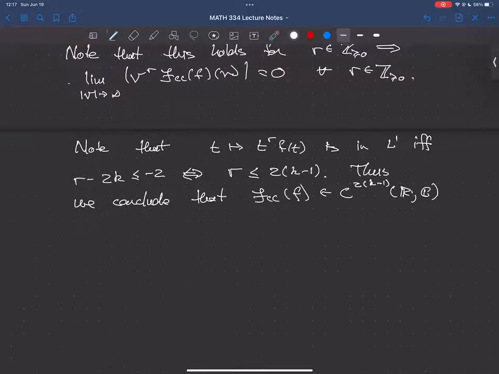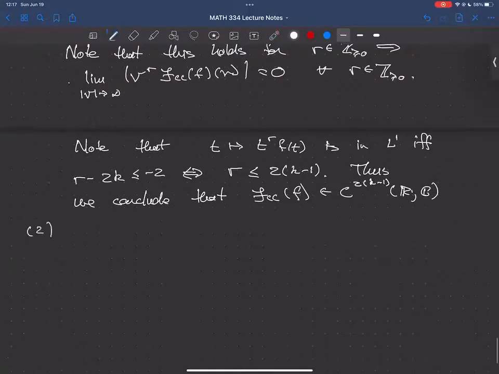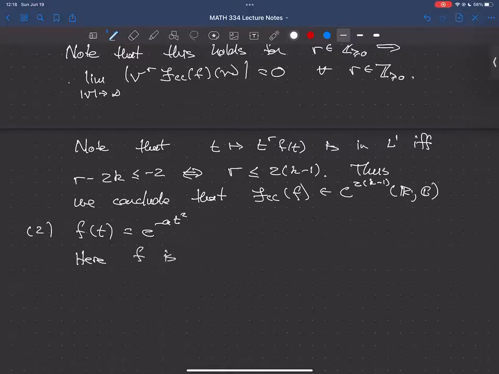Okay. Another example is the Gaussian that we've already looked at. Okay, so in this case, F, first of all, is infinitely differentiable.